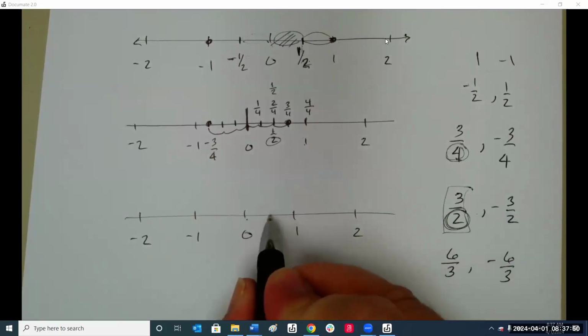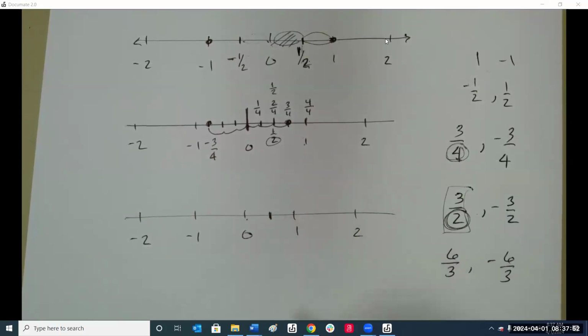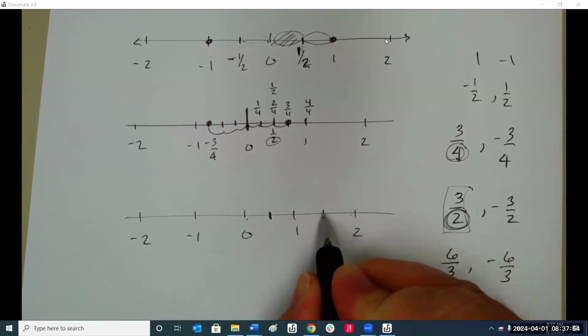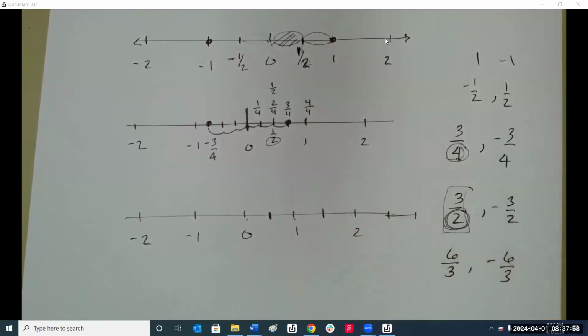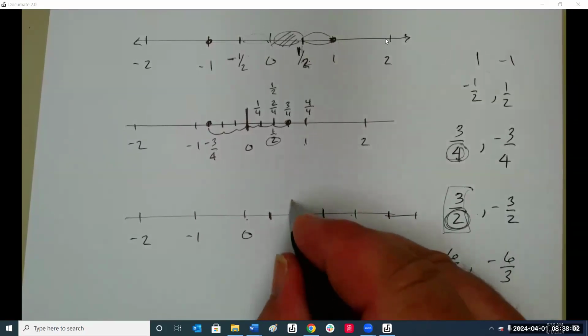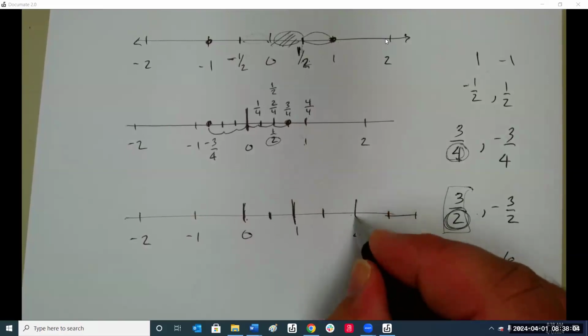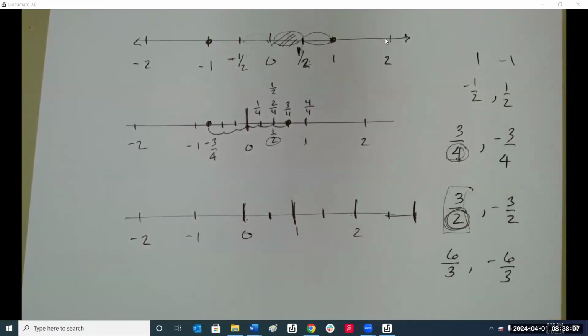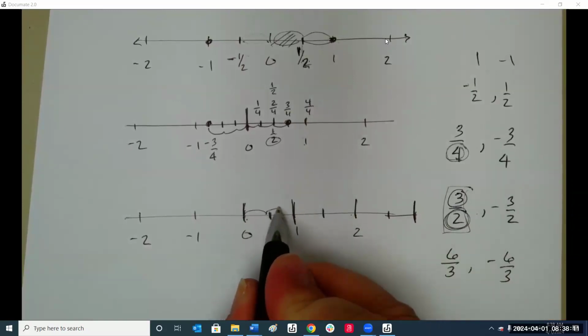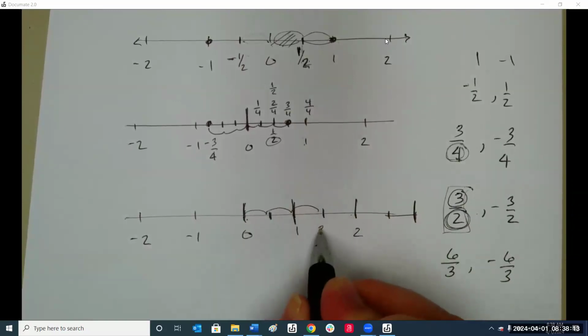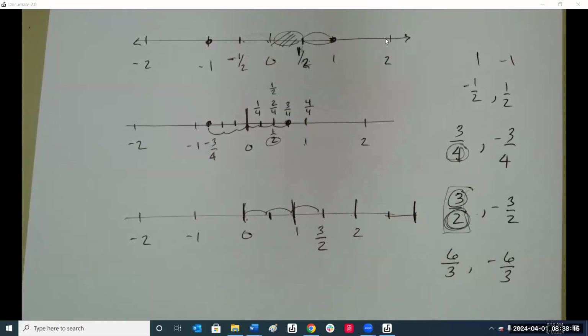So between 0 and 1 is a half. Between 1 and 2, there's a half. Between 2 and 3, there's a half. So these are the endpoints, and the smaller ones are the halves. How many halves do we want? 3. 1, 2, 3. That's 3 halves.